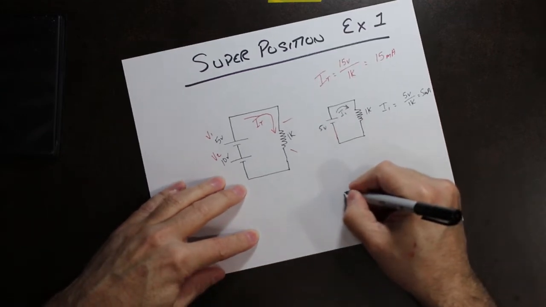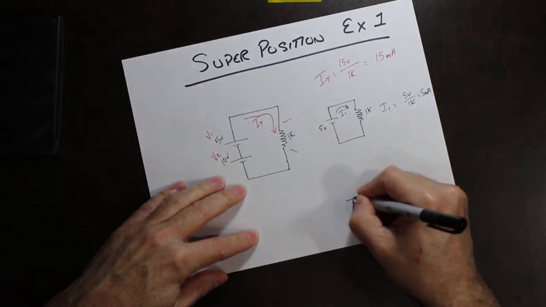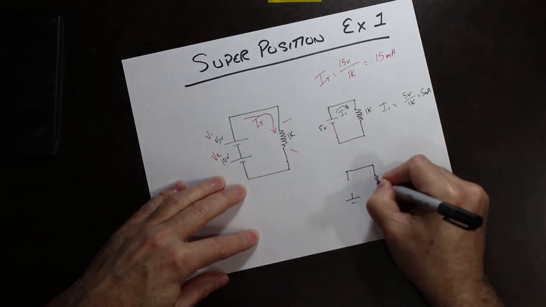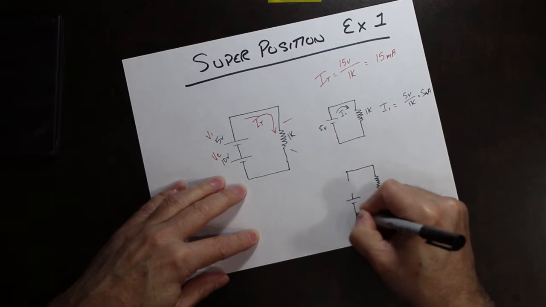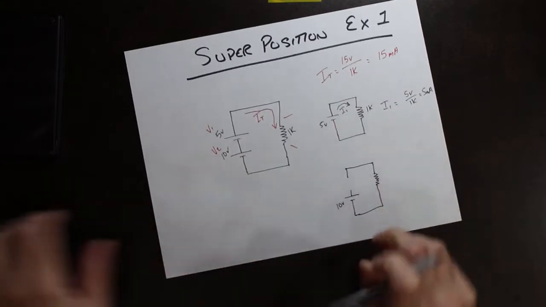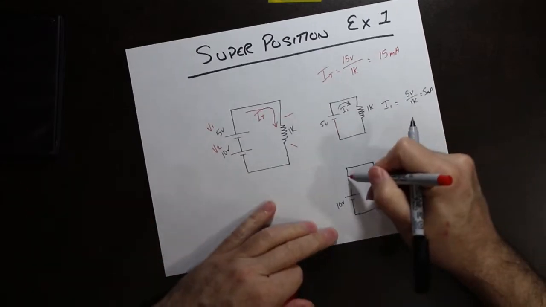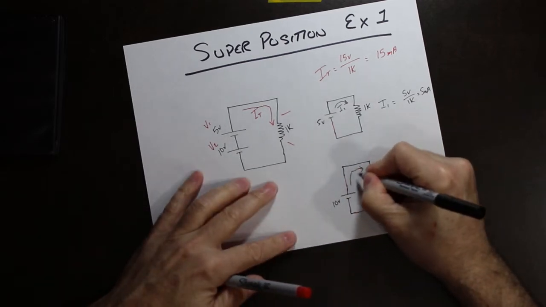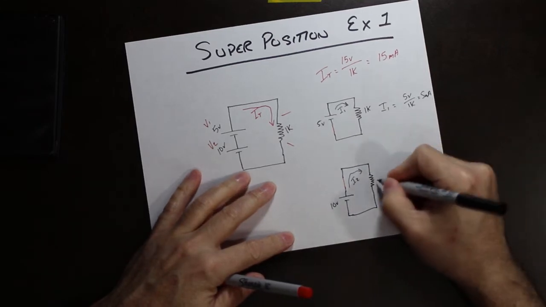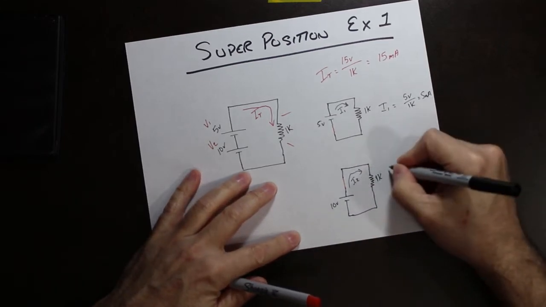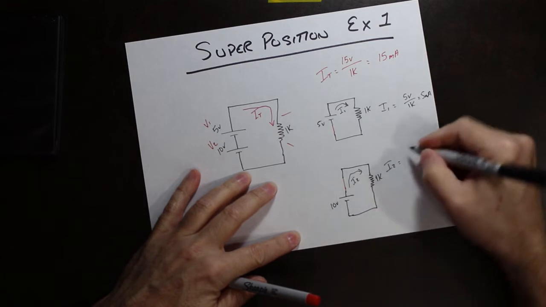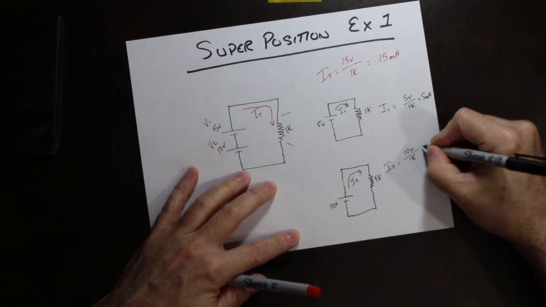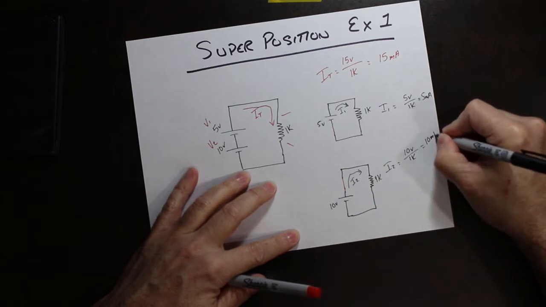Now we'll look at it from the other power supply, which is the 10 volt supply. And now we're replacing the 5 volt with a short. We'll call this current I2 through the 1K, and I2 is equal to 10 volts divided by 1K, and that equals 10 milliamps.